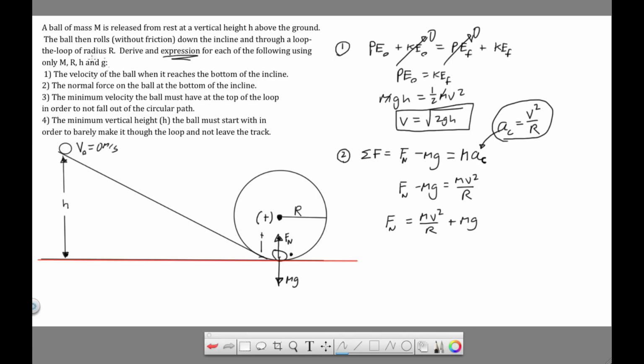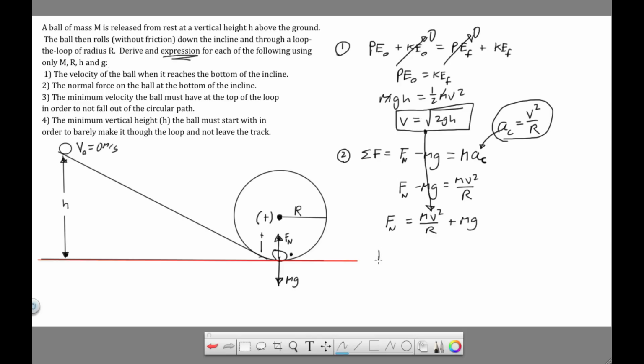Now we'll notice that v is not allowed in our answer. If you look up here, we can only use m, r, h, and g, so we need to get rid of the v, and the way we do that is by plugging in the velocity at the lowest point. We can plug that in right here, because we've already found the velocity at the lowest point.